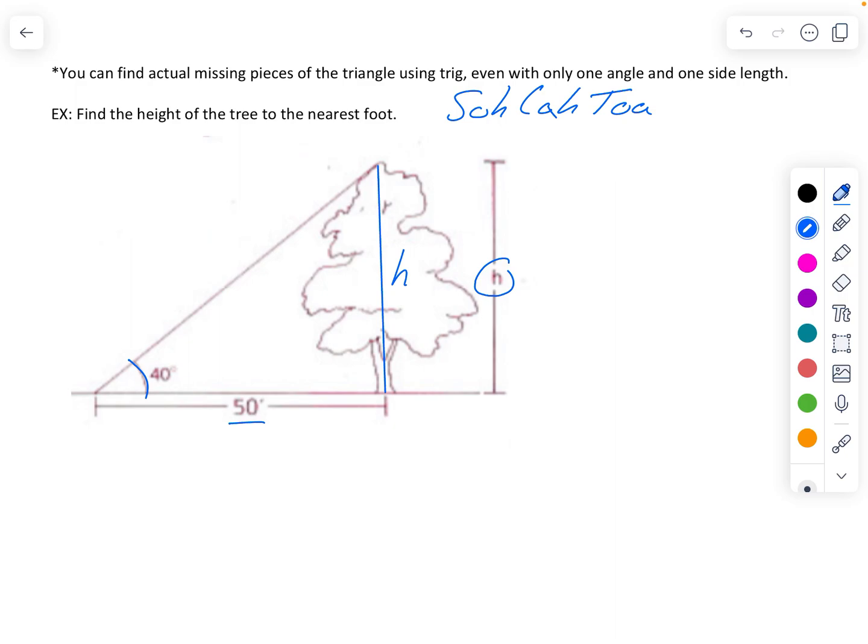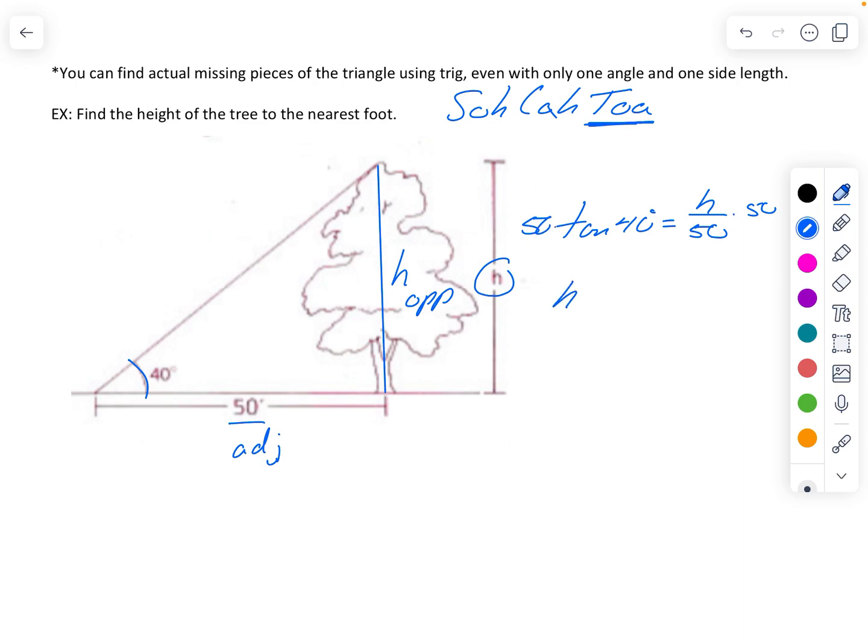Notice with regard to that 40-degree angle, this is opposite, this is adjacent. So which trig function uses opposite and adjacent? Tangent. So we can write tangent of 40 degrees is equal to opposite over adjacent. And now to solve this equation for h, we're going to multiply both sides by 50.